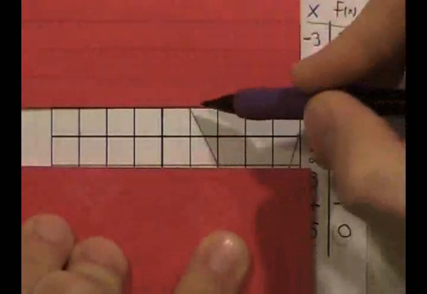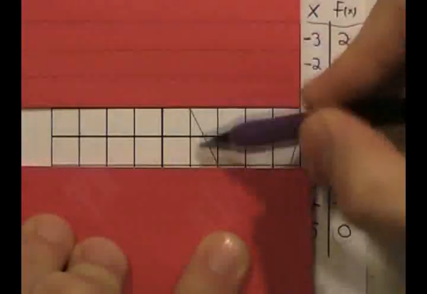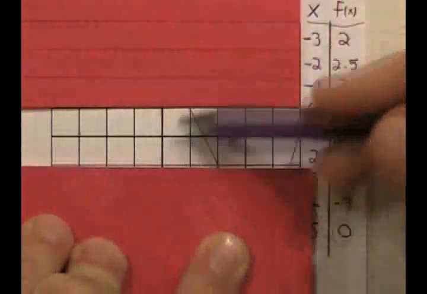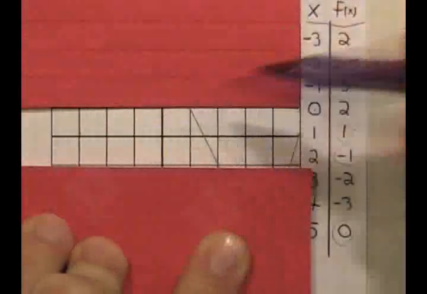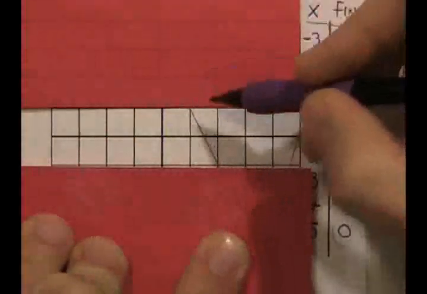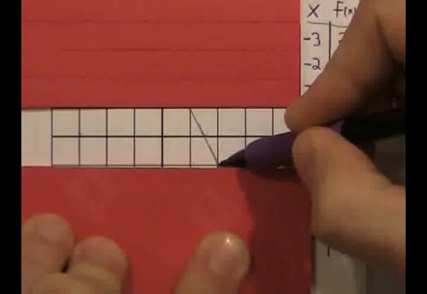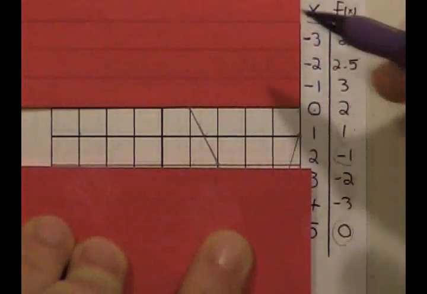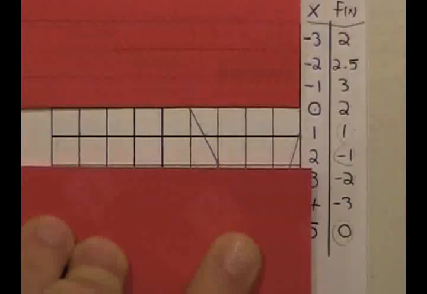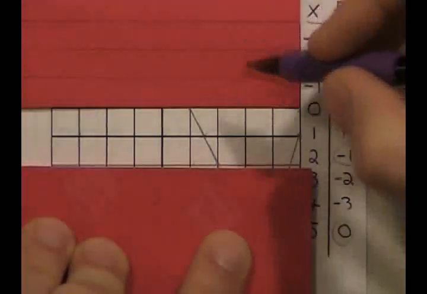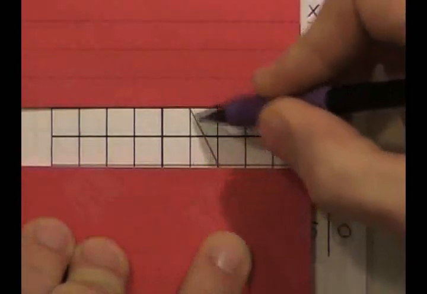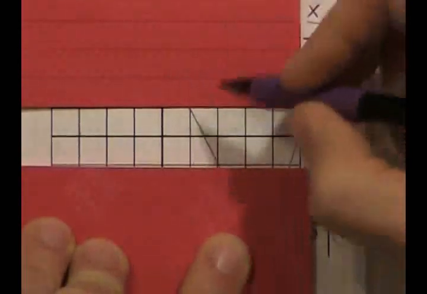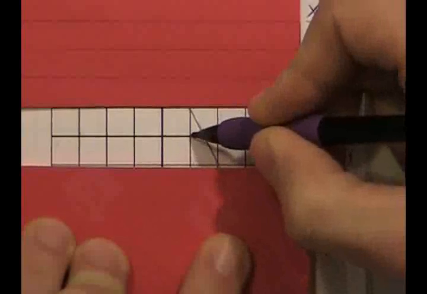So f of x is between -1 and 1 whenever the graph is shown in this range here. So we do have some hits. There's one here and there's one here. But the question is asking for the x values that correspond to these y values. So you have to take the x values of the points that you're looking at, and it appears to be everything between 1 and 2.